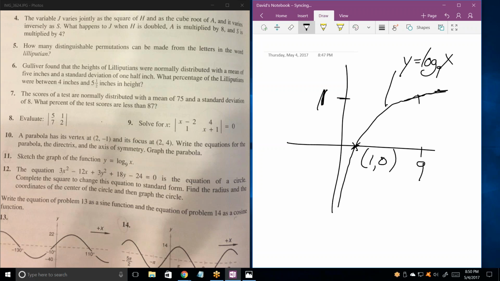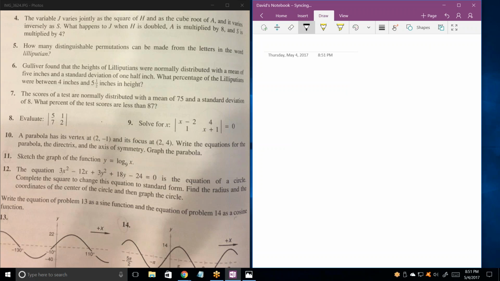The only thing that differentiated it is the fact that I've put another point on my x grid and I've started to label the y grid, so this point is only for this curve. It's not going to be the same point on a log base 2 of x. All right, let's look at 12.